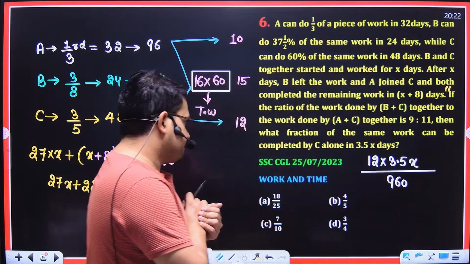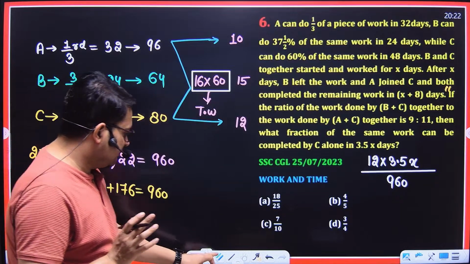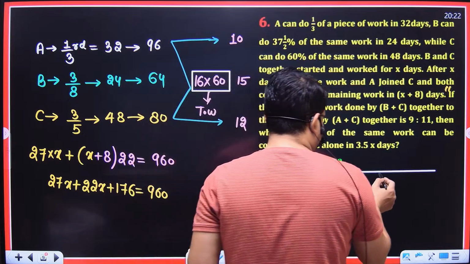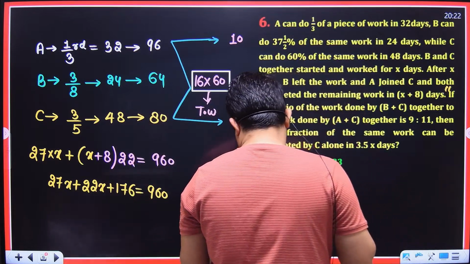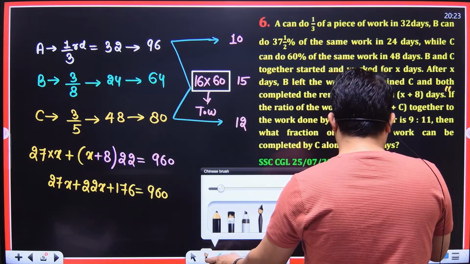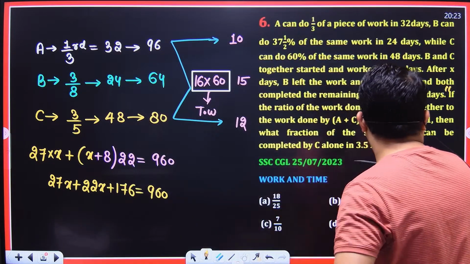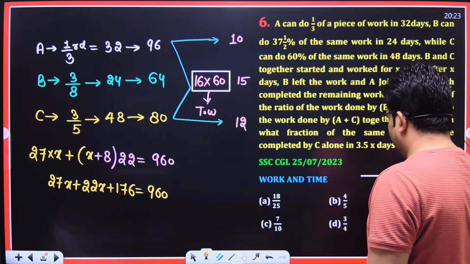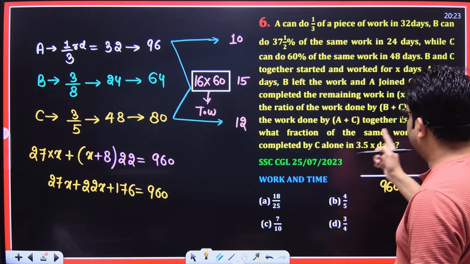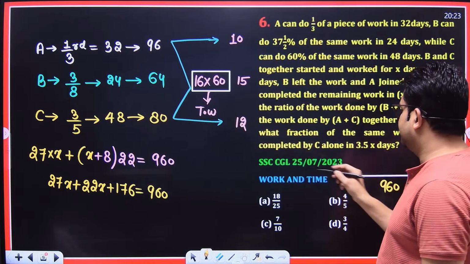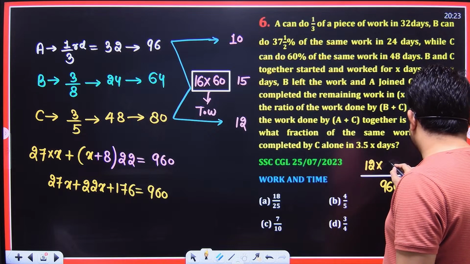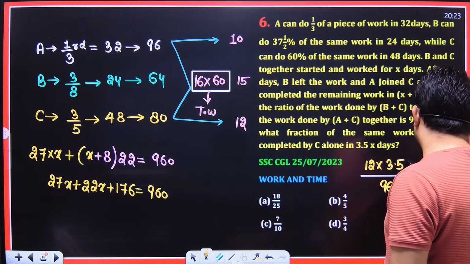See, we can find out the answer of this question without solving it. How? First of all, I will tell you how. You have to calculate what fraction of the work, and you know that total work is 960, can be completed by C. The efficiency of C is 12 in 3.5 into x days.